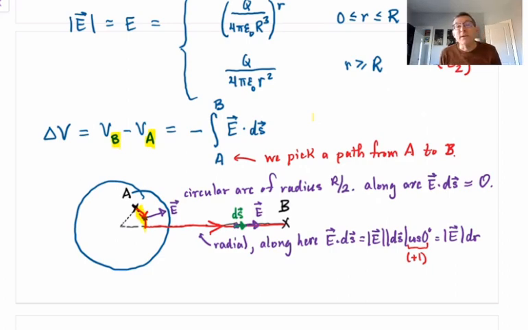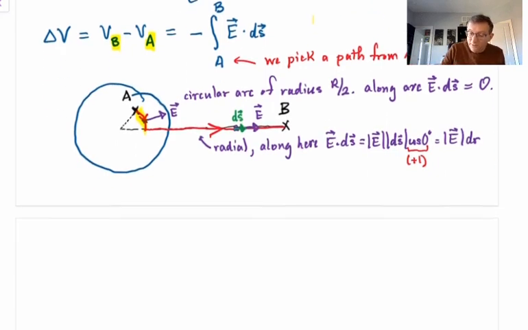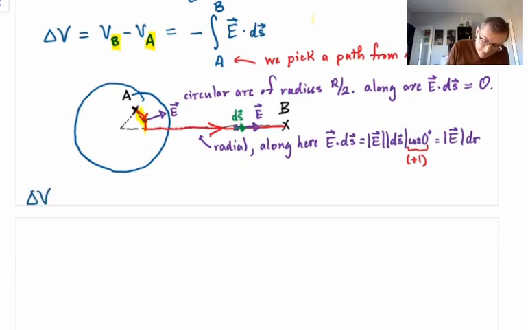And that's what I use for E dot ds when I'm on the radial part, where I've just got to put in the appropriate E for the place I'm at. And there's no contribution to E dot ds along the circular arc. So now with all that in mind, for the path that we've chosen, we can go about calculating delta V between points A and B. That's going to be minus the integral of magnitude E dr. And where do I start?